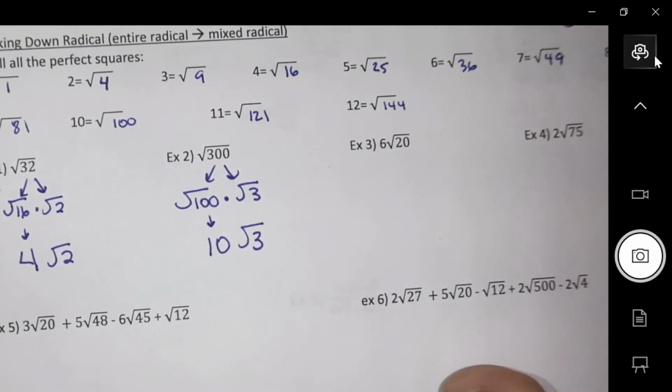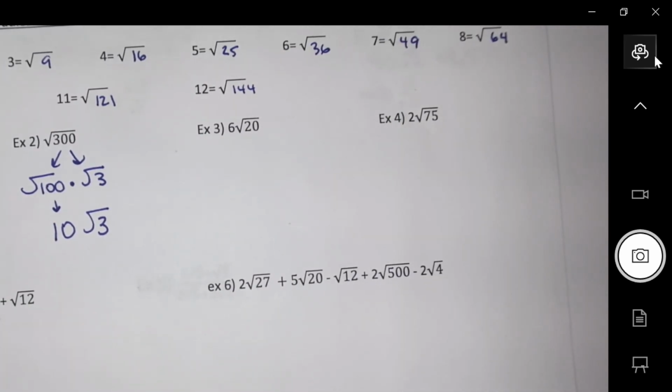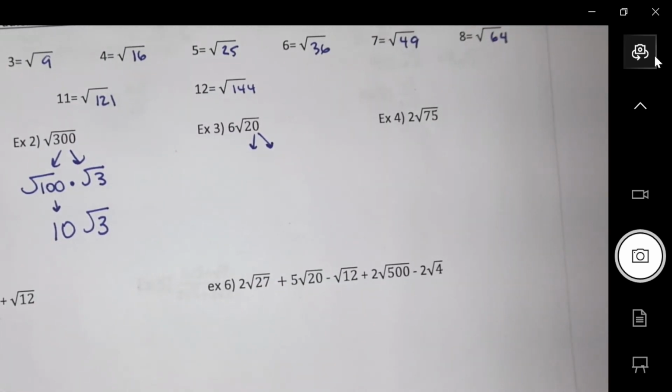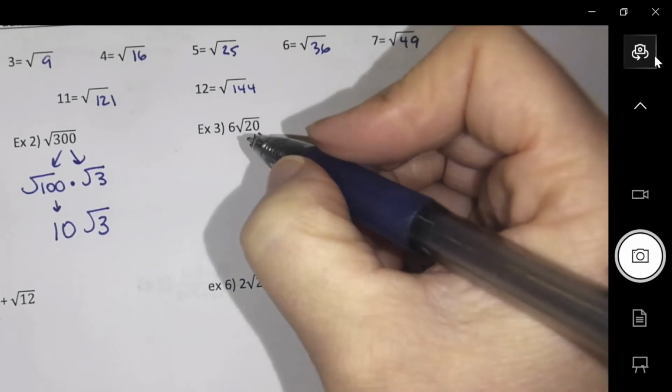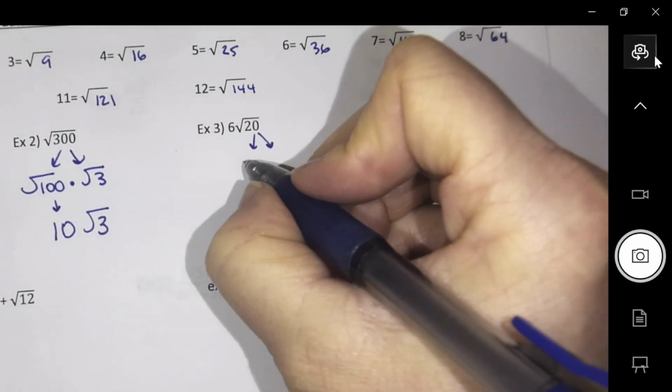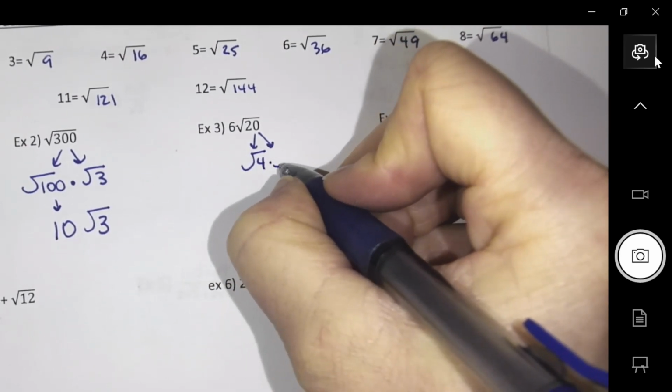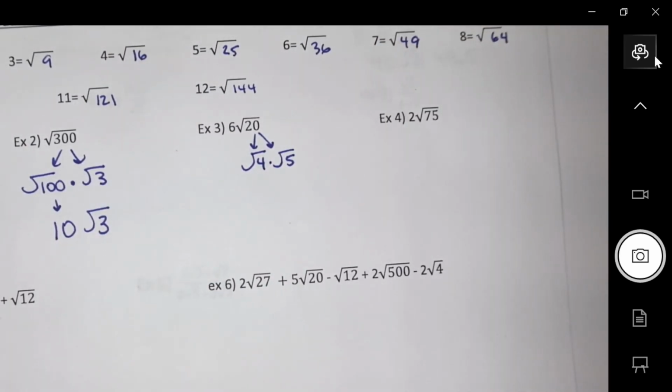Okay, next, this one I changed up. I put a whole number in the front of it already. It's going to come along for the ride. That's what it's doing. So let's think about just the 20 here. 20 is divisible by what perfect square? 4? So 4 times 5. So root 4 times root 5. And like I said, there's a 6 in the front.